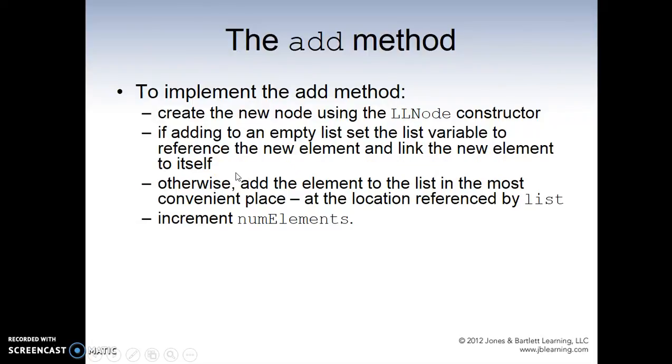You just say list equals new node and then list.setLink to the list itself, which means the new node. List.setLink to new node. Because when it's the second and third one, then we have to link it to the new node if it is always adding to the head.